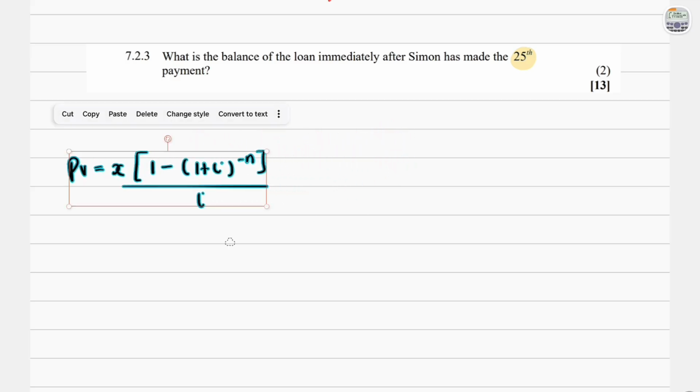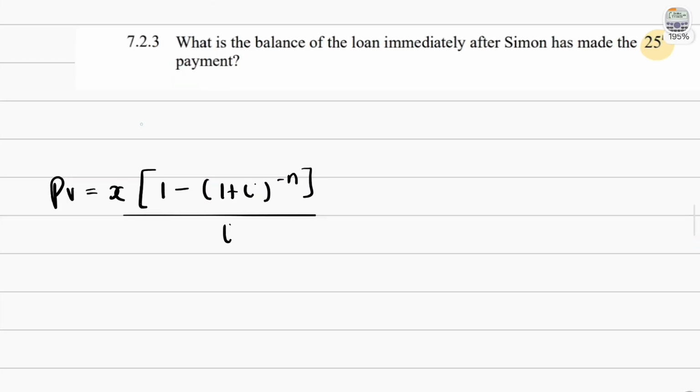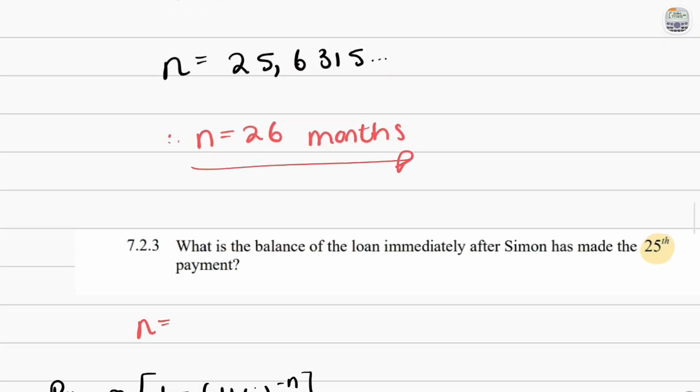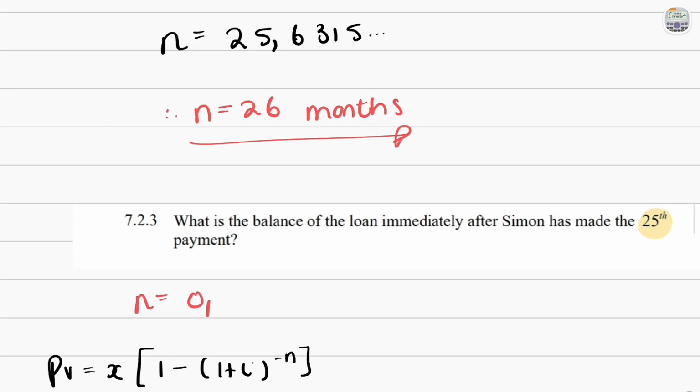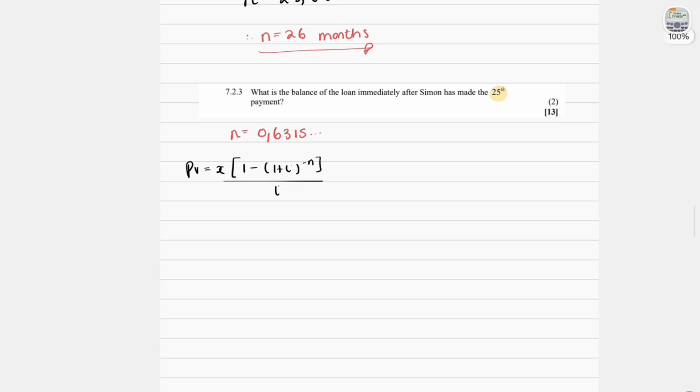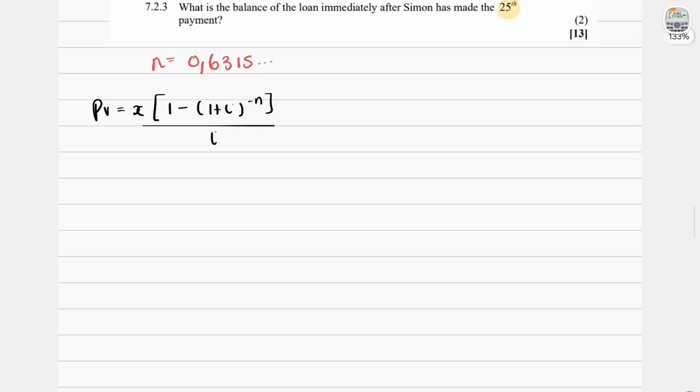So we're taking this present value formula, but in place of n, we're going to substitute this amount, which is 0.6315. Let's just take that full amount. So present value is equal to, and remember, present value is what we want because we're trying to find out how much is owed after the 25th payment. You always say the amount owed is the present value.